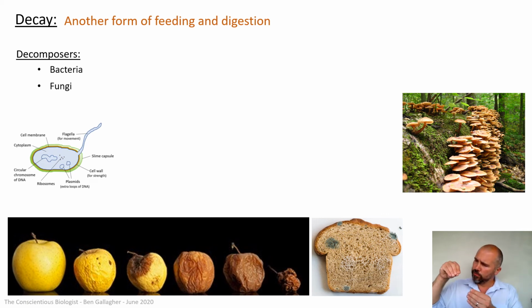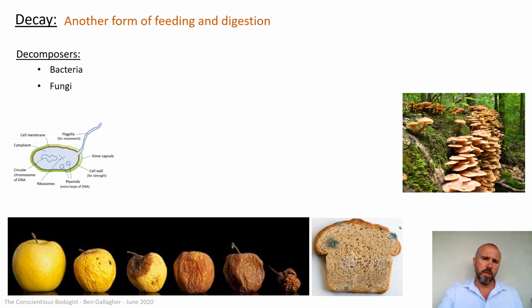Fungi have tiny thread-like structures, kind of like roots, called hyphae, that push their way through dead material and secrete digestive enzymes to literally dissolve and break down dead material. And fungi do vast amounts of decomposition. If you didn't have the fungi there, most woodlands would just be piled up deep with dead trees, dead leaves that just haven't broken down. So you need the fungi and the bacteria to break that down enough to return the nutrients back into the soil.